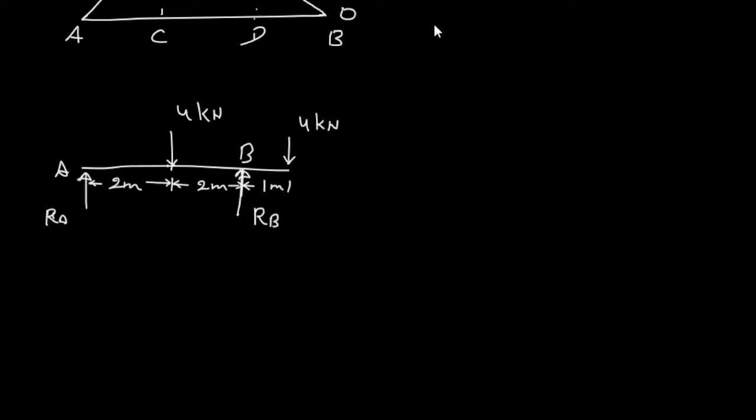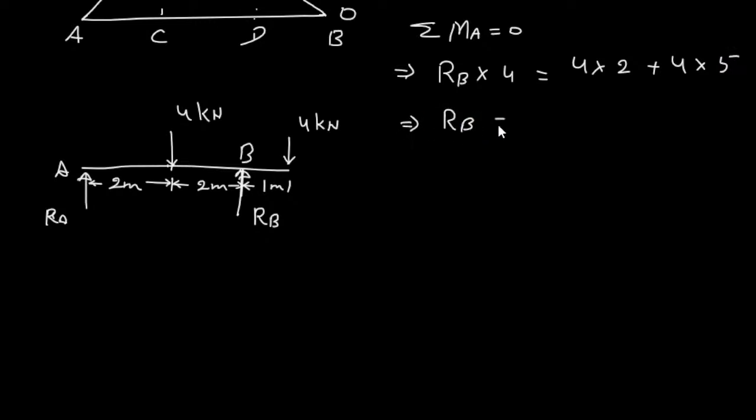So for that we can say that moment at point A is 0. So this implies that RB times 4 is equal to, now clockwise moments are 4 times 2 plus 4 times the total distance from point A, which is 5. 4 times 2 is 8 plus 4 times 5 is 20.